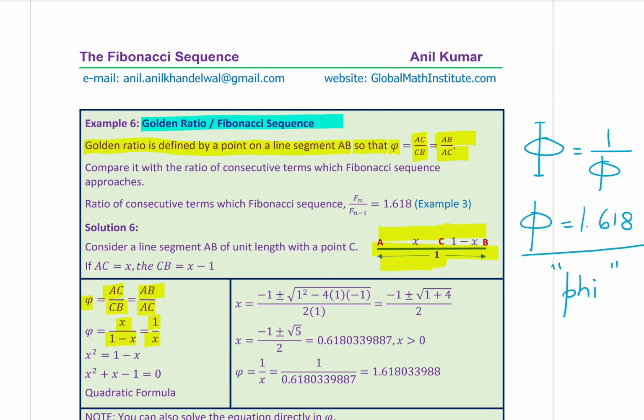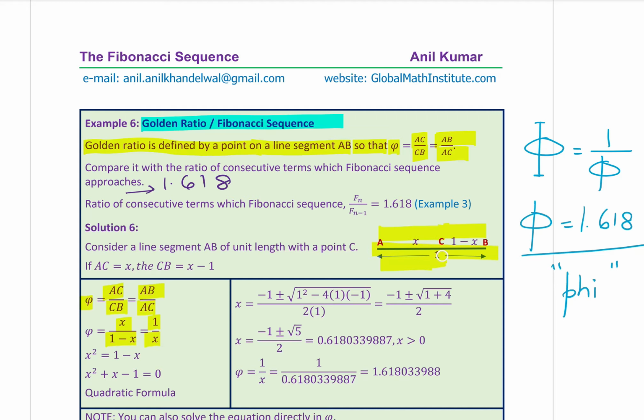So the question is, compare it with the ratio of consecutive terms which the Fibonacci sequence approaches. And we know it approaches what value? We already found it approaches 1.618, right? So we'll compare it with the same value. So now to prove it, let us consider a line segment AB of unit length.